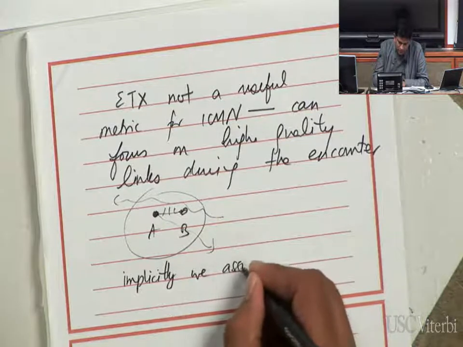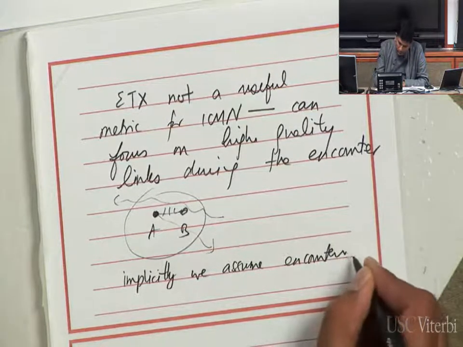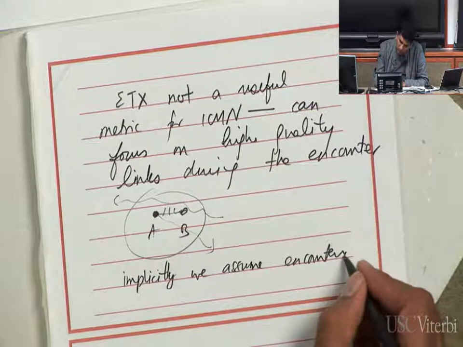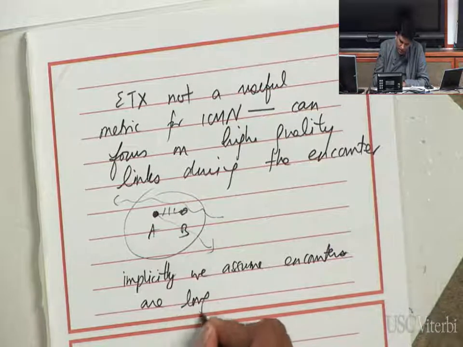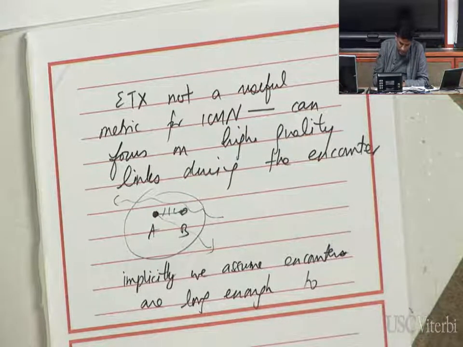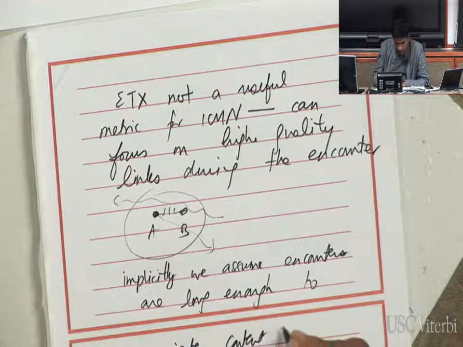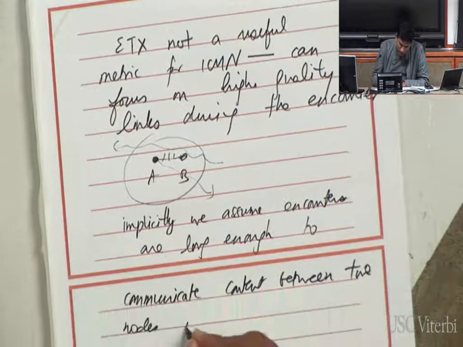And implicitly we assume encounters are long enough to communicate content between two nodes in an ICMN.